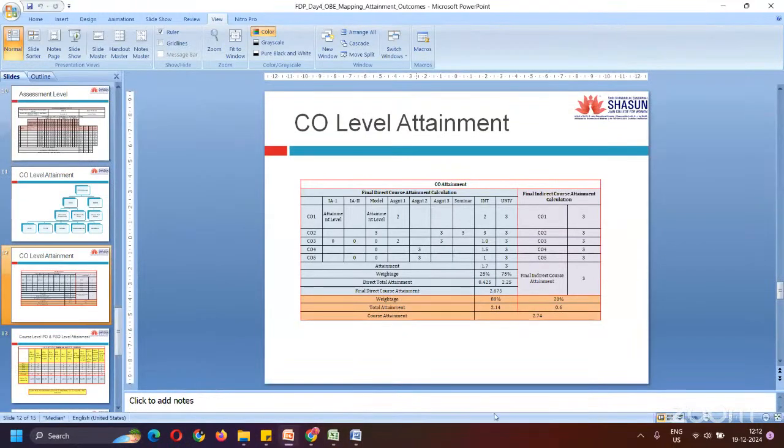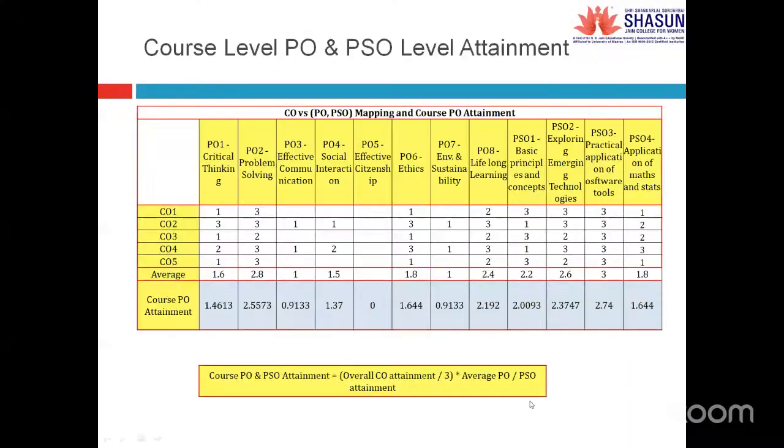Once the CO level attainment is over, we will be moving on to the course level PO and PSO level attainment. This mapping we have already done. We have added two more rows in the attainment: an average calculation and the PO attainment.